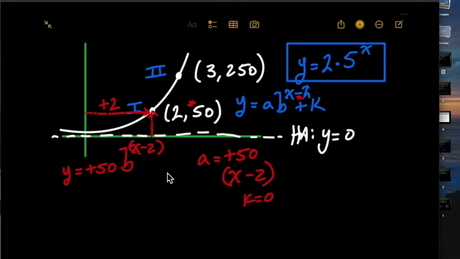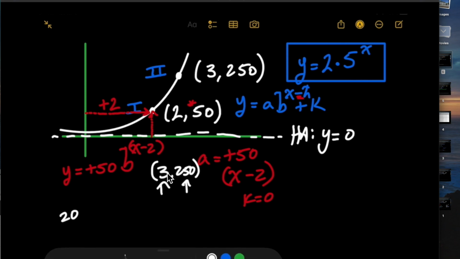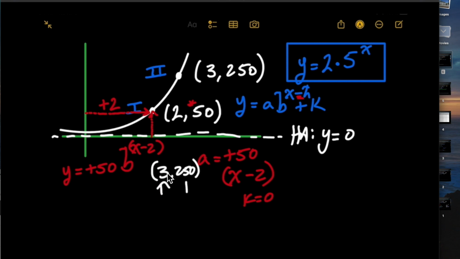Okay, at this point, we're going to bring in Roman numeral 2, which is 3 comma 250. And we're going to plug in x equals 3 and y equals 250. Let me redo that. 250 is going to equal 50 times b, we don't know what that is, to the x minus 2.